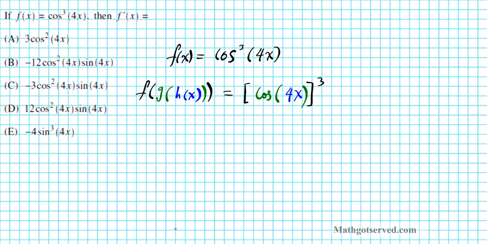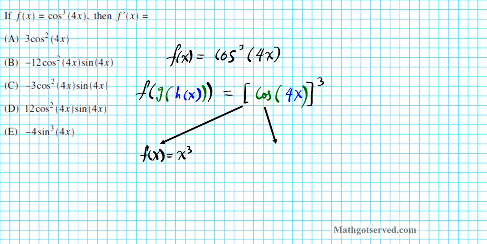Let's start with the outermost function. We're going to extract f of x. So f of x is equal to x to the third power. And then the inner function, let's pull that out to the side. The inner function is actually a composite function.